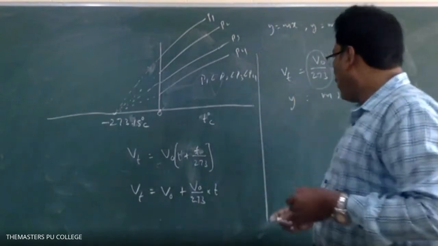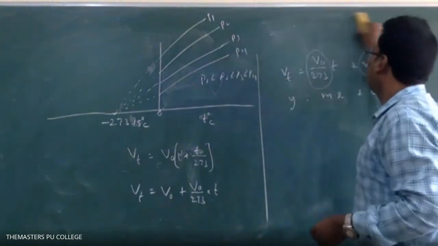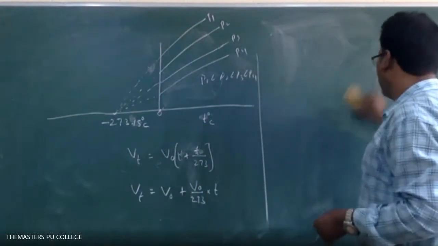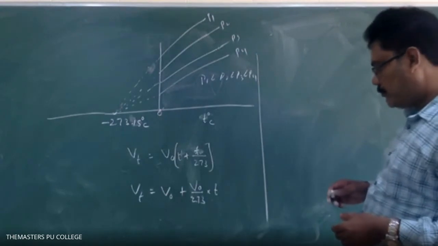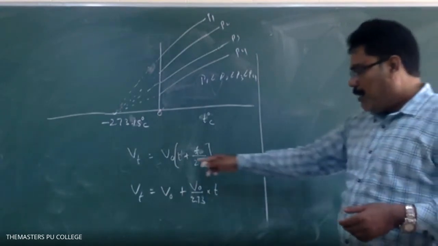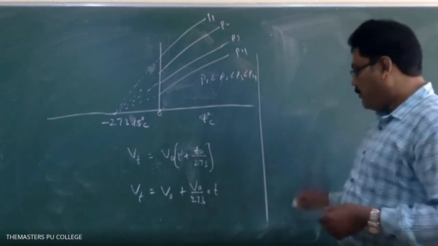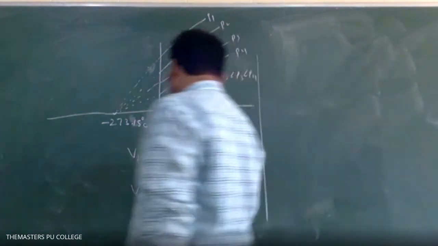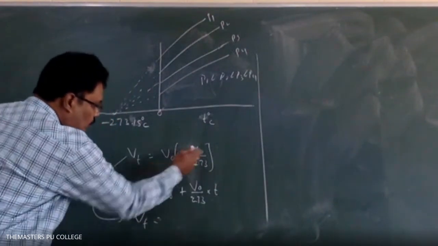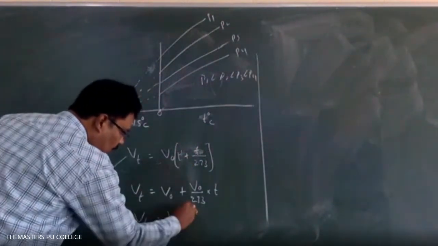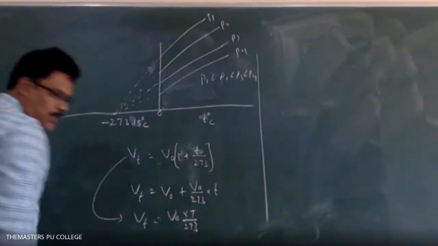And one more here. From what we discussed here, Vt is equal to V naught into T by 273, we have got.